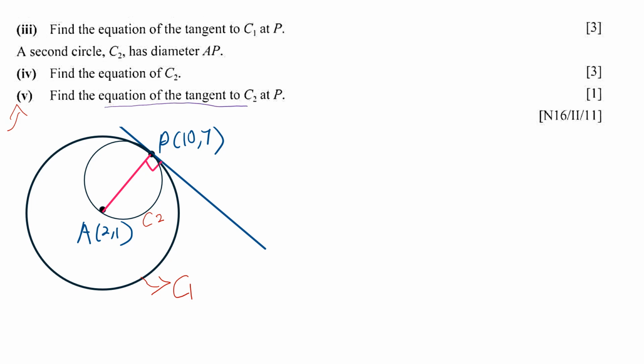Okay, right. So let's look at part 4 first. To find the equation of a circle, I need to know the center of the circle, right? And since AP is the diameter, of course the center of your C2 will be the midpoint of AP.